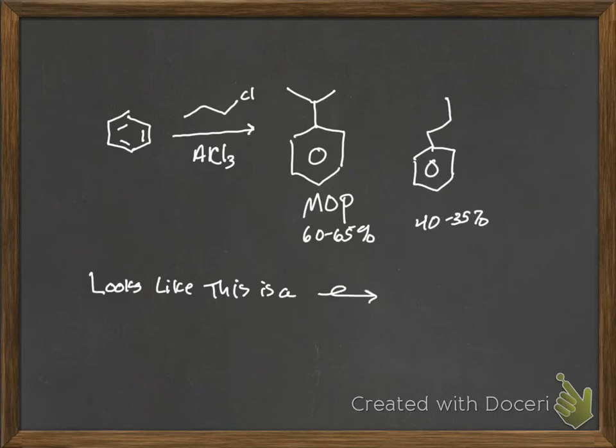It looks like it rearranged, but here's the problem with that. If this is our electrophilic complex, in order for this to rearrange to where the middle carbon would be the electrophile, this would have to happen.